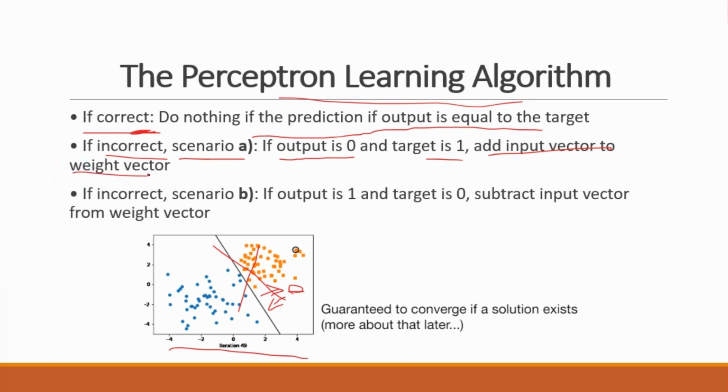So we update it like that. And the other scenario is if the output is 1 and the target is 0, then we subtract the input vector from the weight vector. So there are two update rules here going on. They are both very similar.